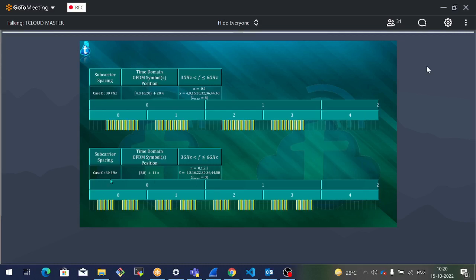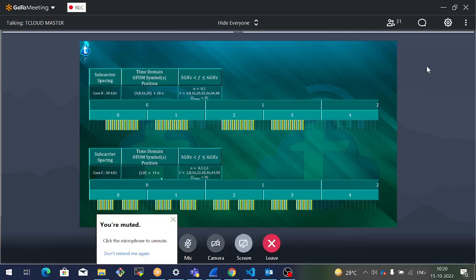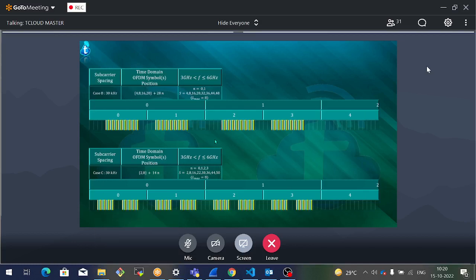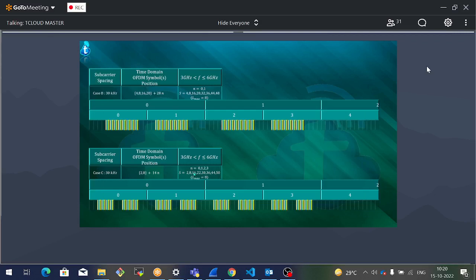Similarly, if you take the subcarrier spacing of 30 kilohertz, the change would be like this. Instead of this design, they would be a little separated based on the change appearing here.